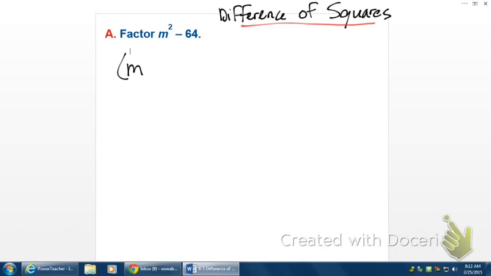M. What's the square root of 64? Don't worry about the negative right now. 8. So all you need to do is a plus and a minus.